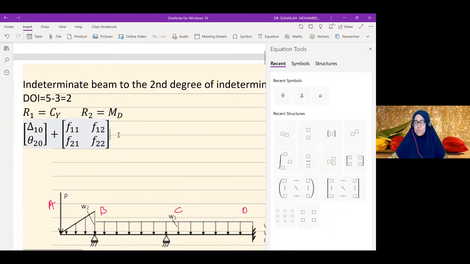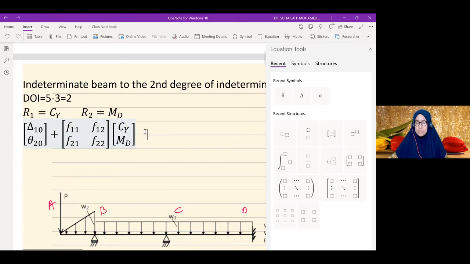Okay, we need to multiply with the redundants. Redundant number 1 is CY. Redundant number 2 is MD.